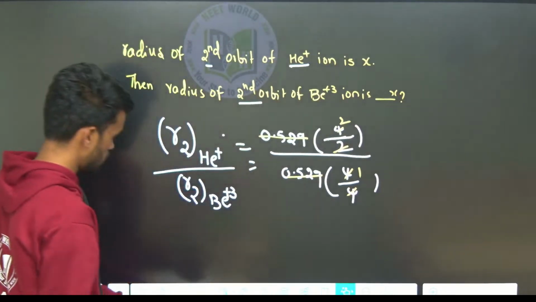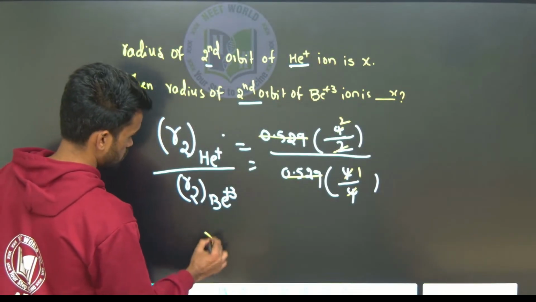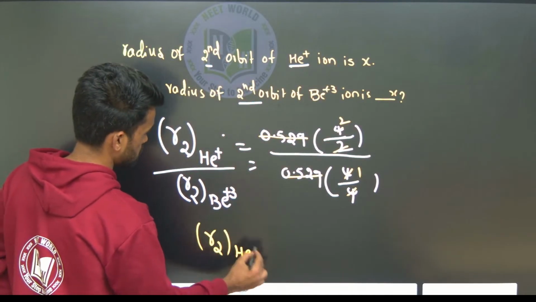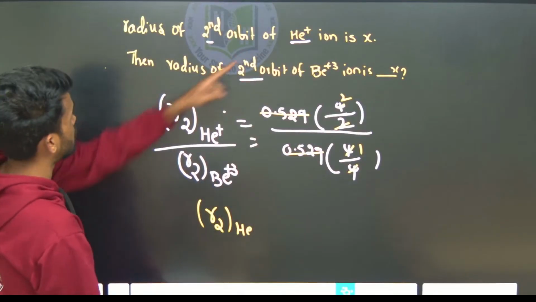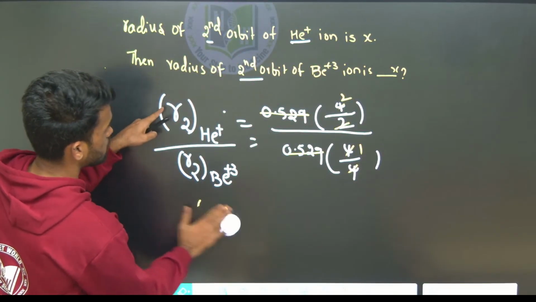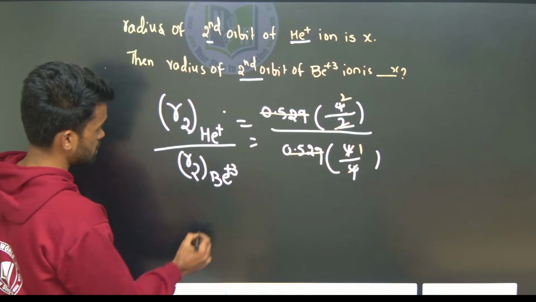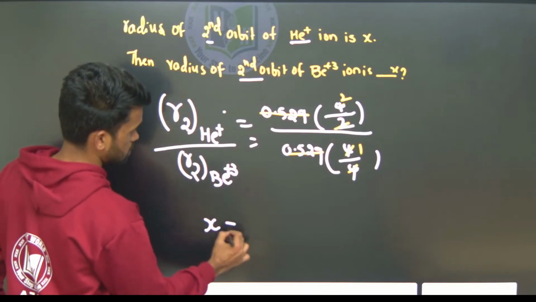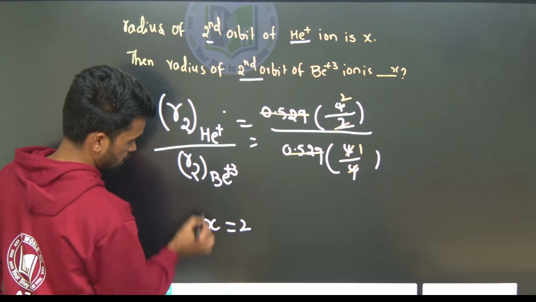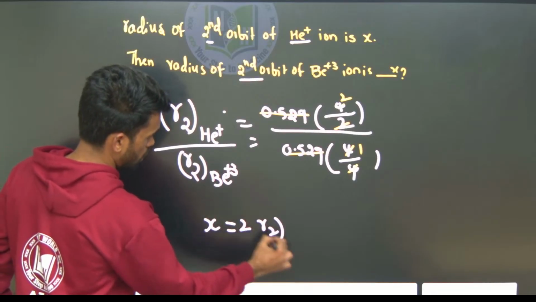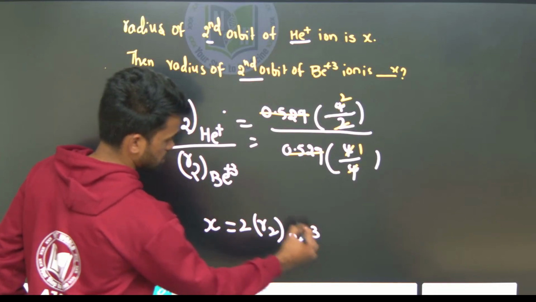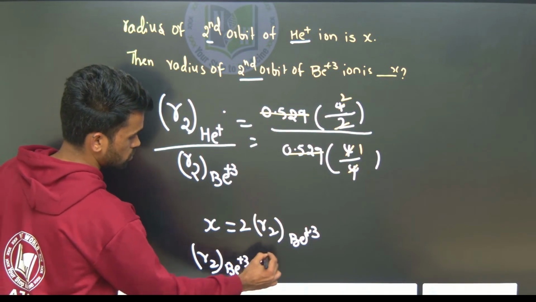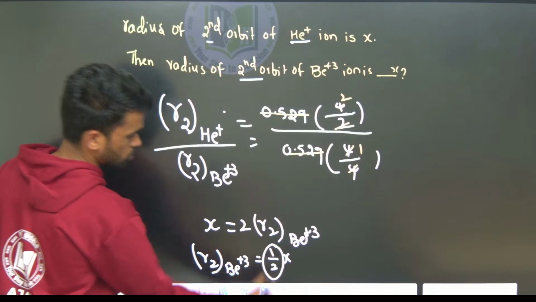So the radius of helium plus, how much did I tell you? This is x. So x equals 2, and R2 of Be plus 3 equals 2 into x.